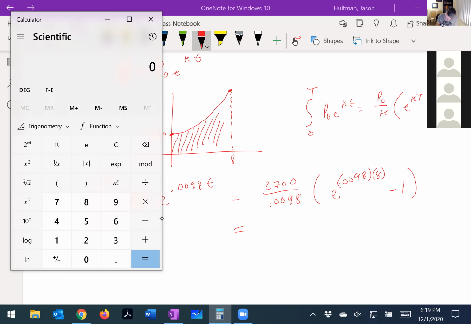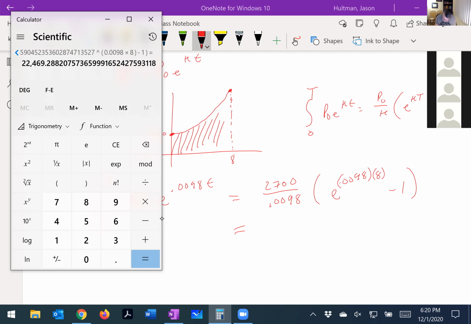Okay, so we have 2,700 divided by 0.0098, times, parentheses, e raised to the parentheses 0.0098 times 8, close parentheses, minus 1, close parentheses, equals, look at that, 22,469.